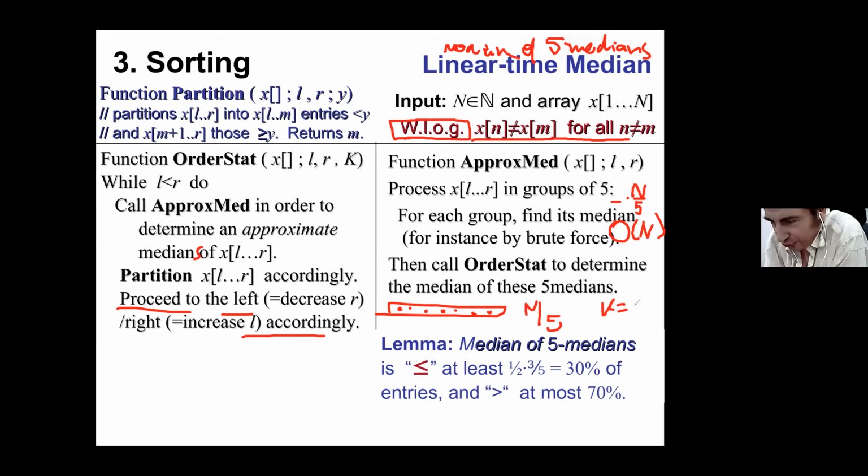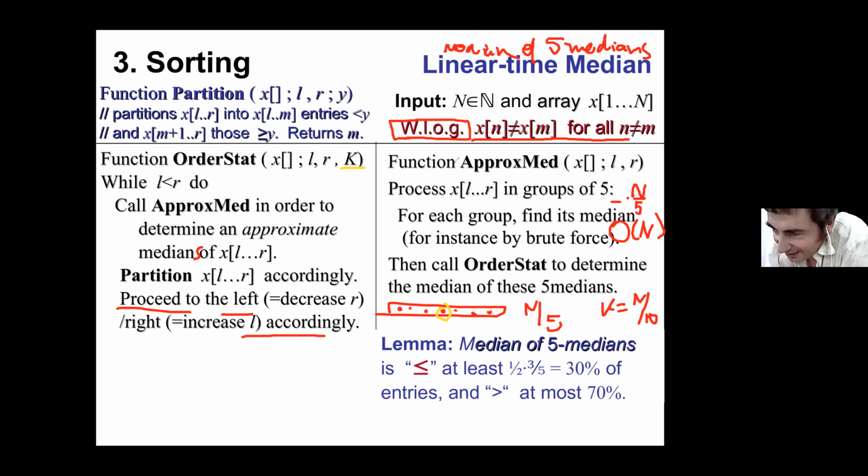So k is equal to n over 10. And then this will output me this element, which is the median of 5 medians. Of course the order statistics is good enough to output me an exact median, because I can simply set k to be half of the size of the array. So this is how it goes.